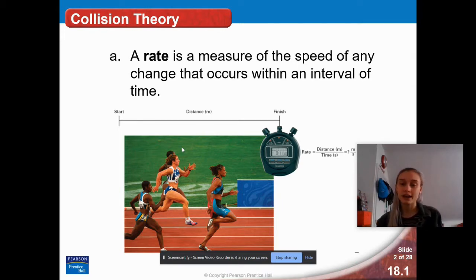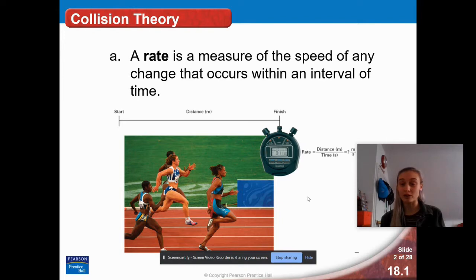An example of that, and this is more of a physics example right here: someone running. In physics, you have the unit meters per second. I'm sure you've heard that. Technically, miles per hour is also a rate. So when you're driving your car and you go 20 miles per hour in a school zone like you're supposed to, that is a rate.